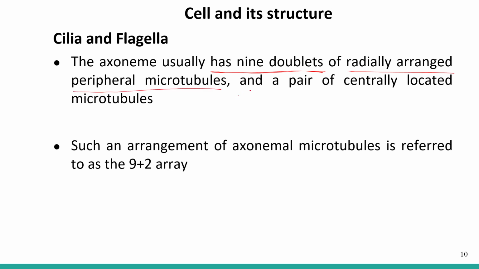So 9 doublets. If we cut a cross section of a flagellum, then we can see a doublet structure like this: 1, 2, 3, 4, 5, 6, 7, 8, and 9. So these are the doublets made up of microtubules, right?